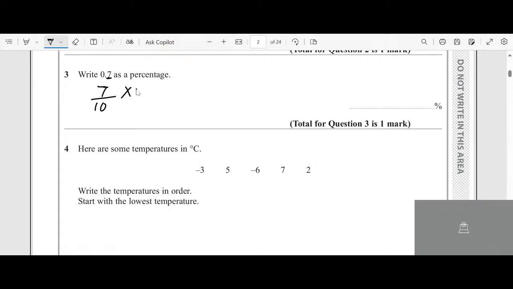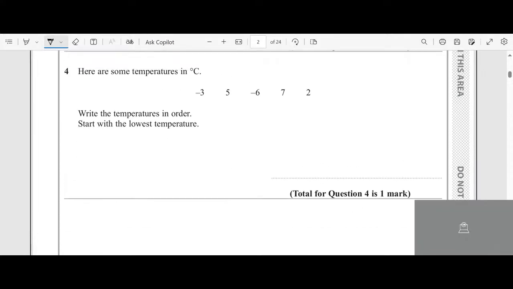Then percentage means multiply by 100. So the 10 will cancel, then we have 7 times 10, which is 70. So we have 70%. If you remember, you're allowed to use a calculator, so there is no penalty if you don't show your working. Just write the answer. It's 1 mark.